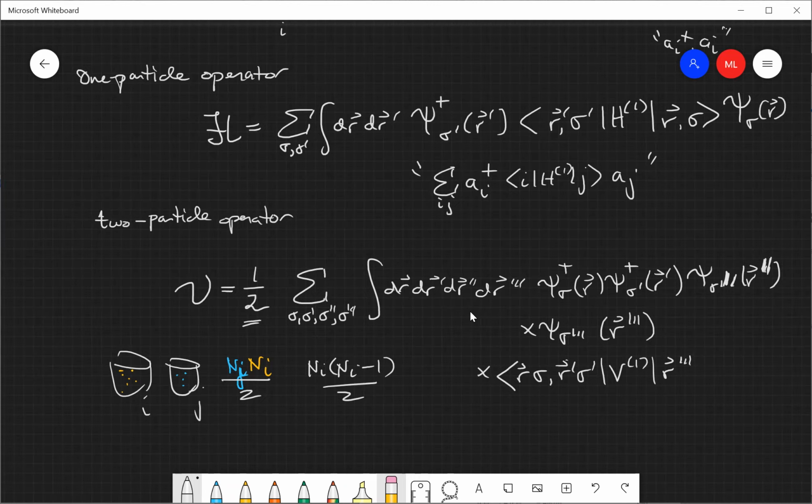That's important. So it's just the same as what we had before, except you have integrals over the coordinates. Would that be V2? Or we could call it V2. Yeah, V2, two particles. Sure.